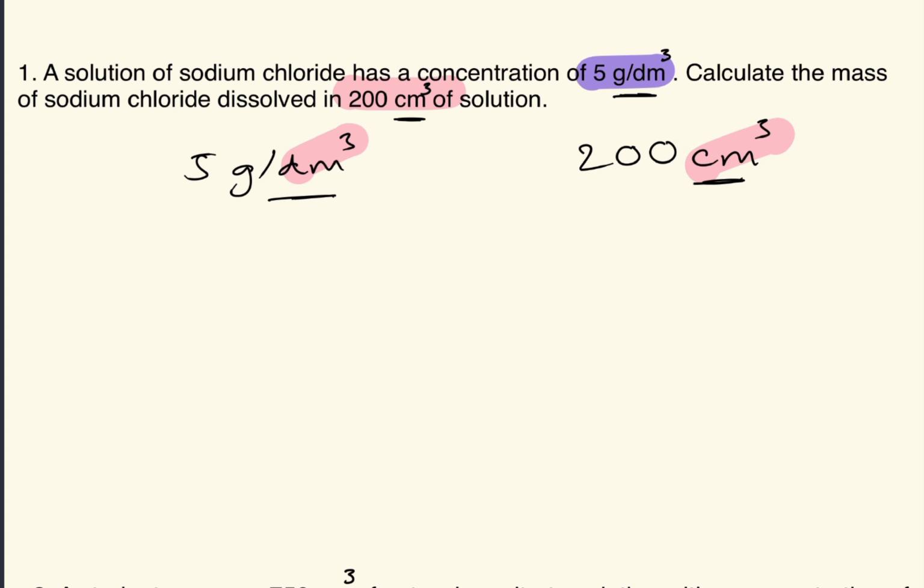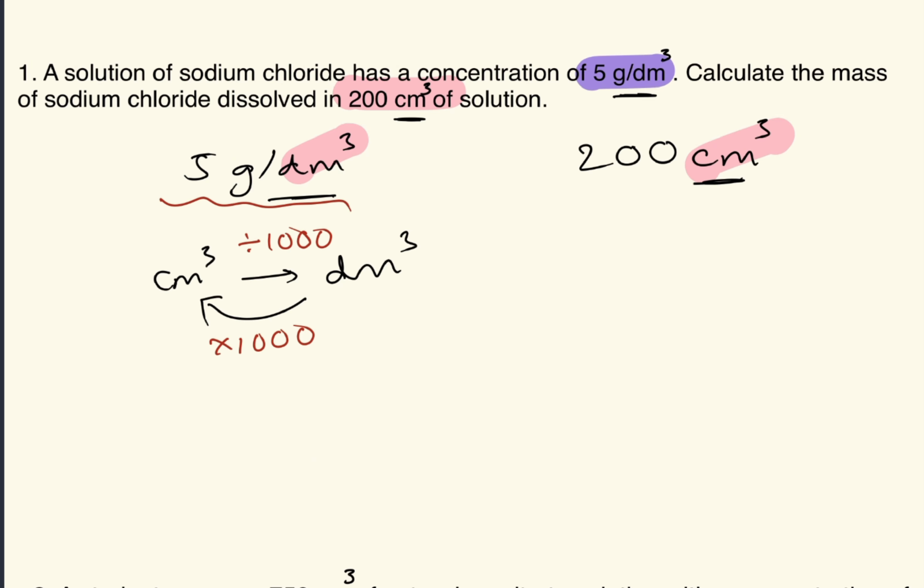So how you convert from centimeter cubed to decimeter cubed is that you divide by 1,000. Therefore, if you want to go in the reverse direction, from decimeter cubed to centimeter cubed, you multiply by 1,000. So over here, we have decimeter cubed, and we also have centimeter cubed.